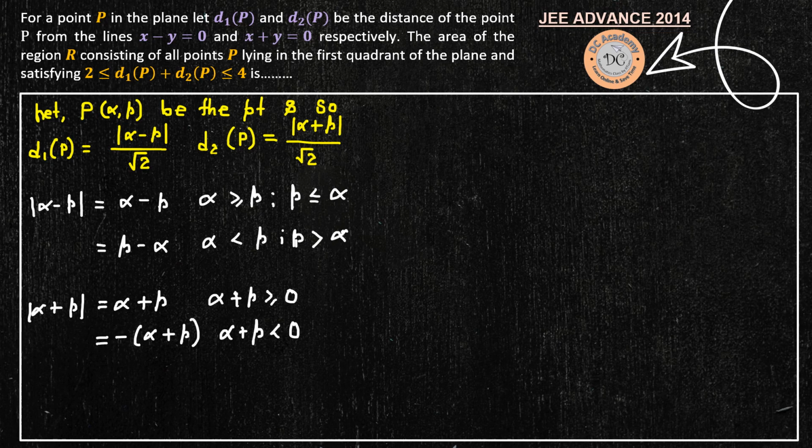Now note carefully, here we are talking only about the first quadrant. In the first quadrant, alpha and beta are greater than or equal to 0. That's why we only use the first definition.